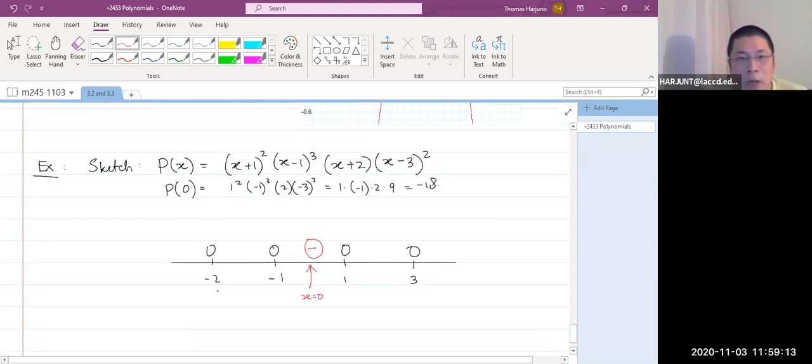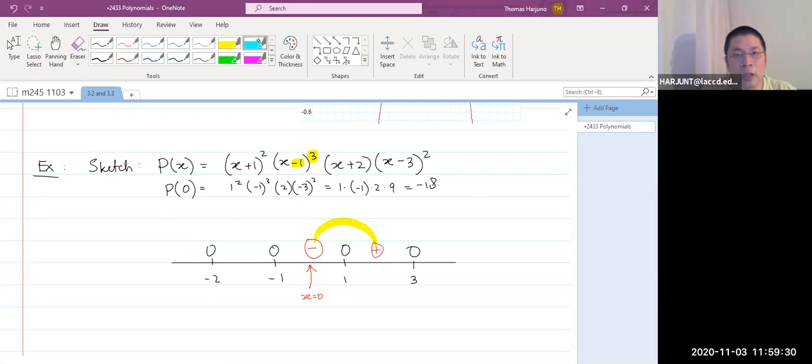Now from here I see that 1 is a zero with odd multiplicity. So when it crosses that 1, I need to change the sign because it is odd multiplicity.